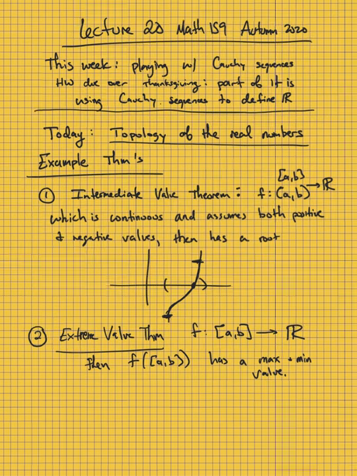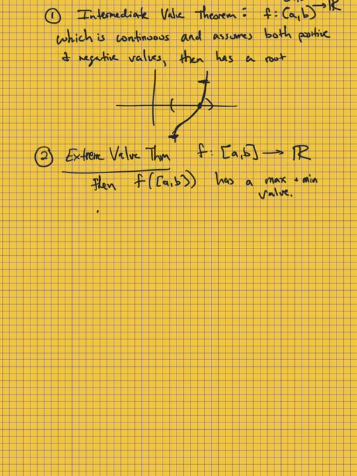The picture looks something like this. If I have a graph of a function, it attains a maximum and a minimum, perhaps at the endpoints. I could also have a function which looks something like this. So there's a maximum value and a minimum value which are attained, so there are numbers you can plug in that attain both its max and min.